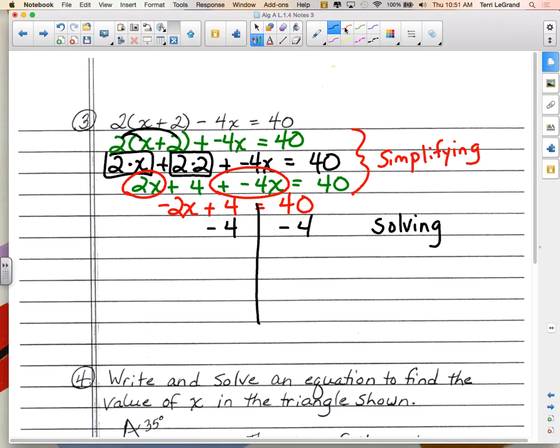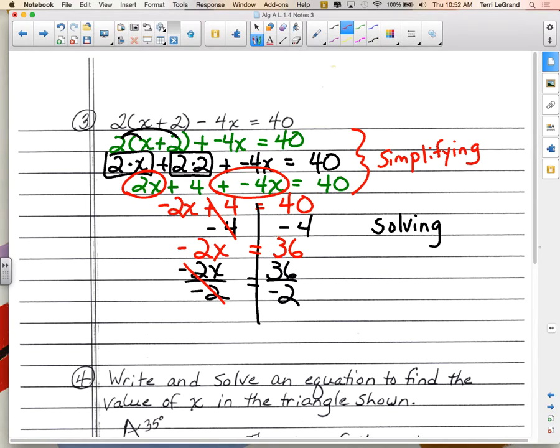And now these guys are gone, right? Negative 2x is now left there, and 40 take away 4 is 36. Next, divide by negative 2. So this is my next thing that I'm doing the same thing on both sides.